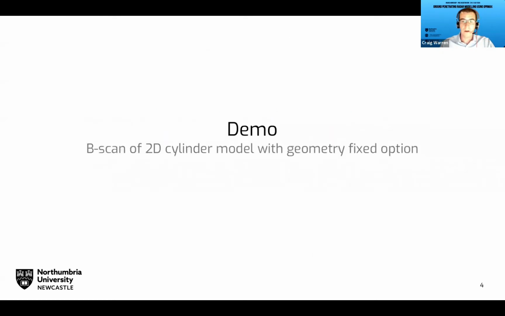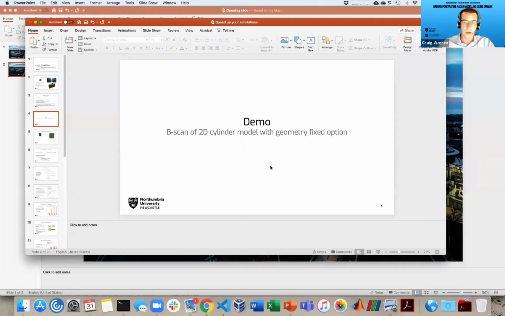So I'm gonna do a quick demo of this just to show you how it works. In this particular case, actually the build time for such a 2D model is fairly insignificant anyway, so we're not really going to save a great amount of time using this option for this example, but at least it's going to show you how it works.